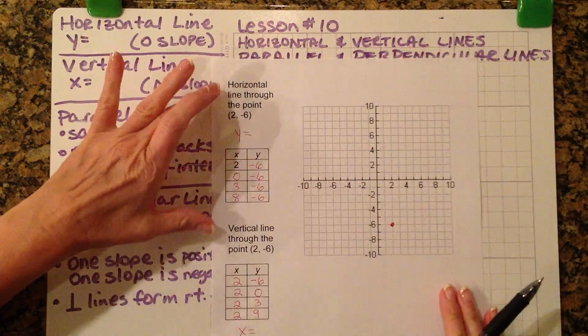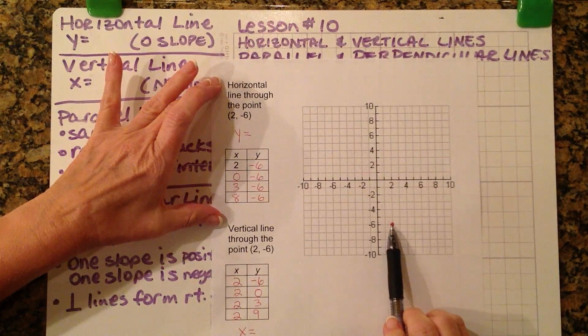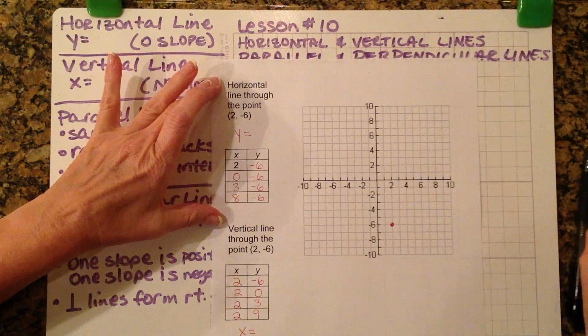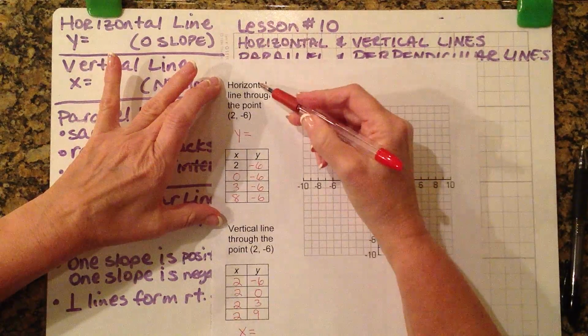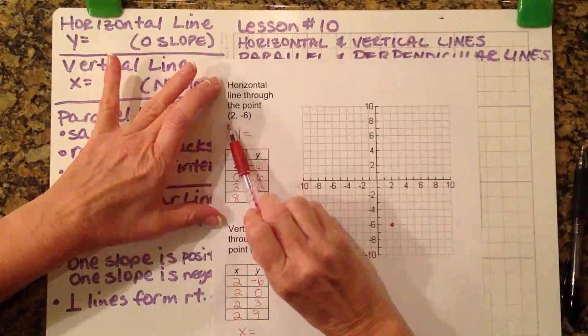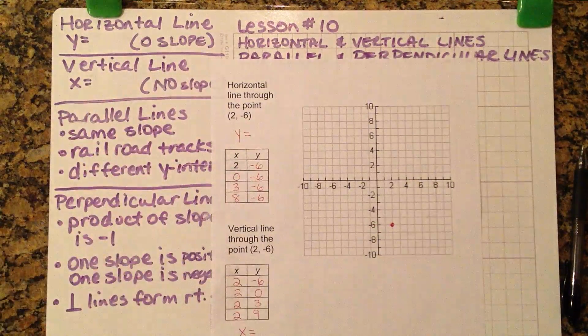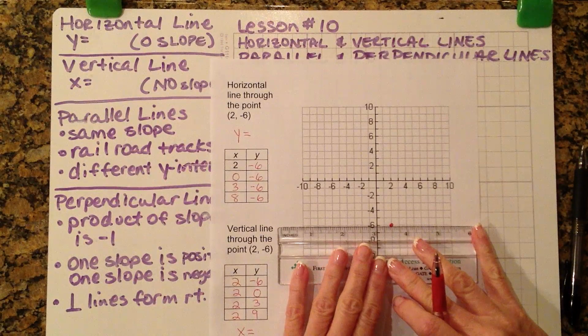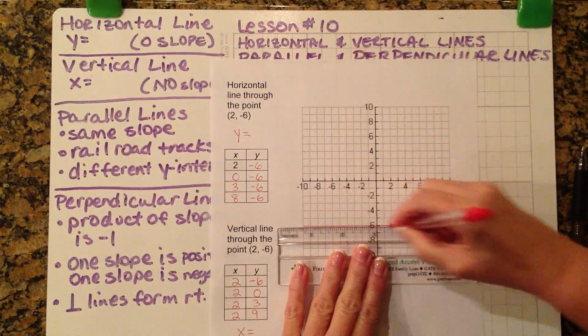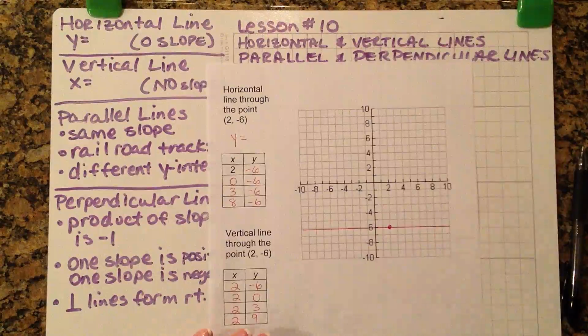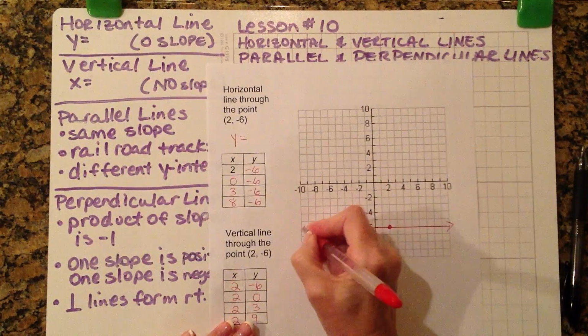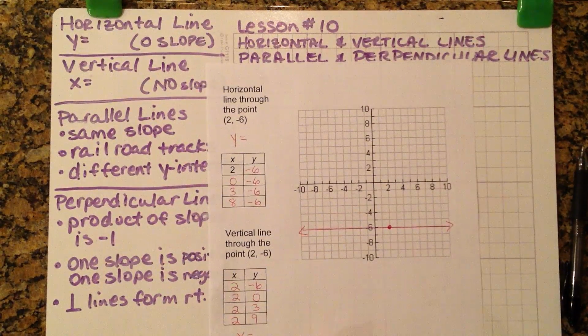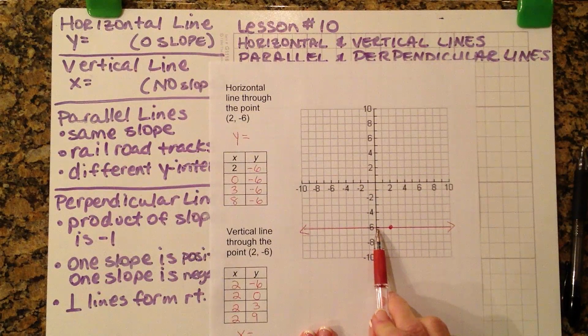All right, I've picked the point 2, negative 6, and I've graphed it right here. Let's do a horizontal line through the point 2, negative 6. Now, I'm going to go ahead and draw my horizontal line to give me a visual. Put arrows on it. Okay, which axis did it go through?